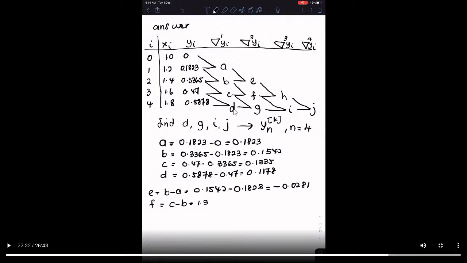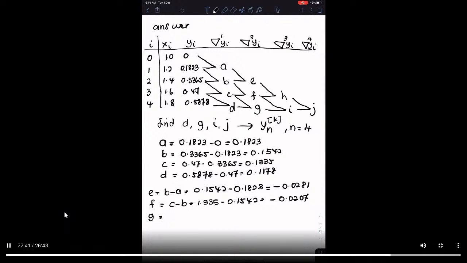G is y4 minus y3 for degree 2. So you can see here E, B minus A, is negative. F is C minus B, the data at the previous time step, is negative also.